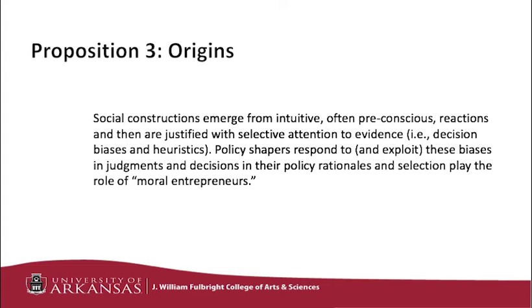Proposition 3 addresses the root cause of social constructions by considering why and how humans use them. The authors argue that social constructions emerge from intuitive, often preconscious reactions, and then are justified with selective attention to evidence. In other words, humans have distinct biases in how we make decisions, and because of this, we use simple heuristics to process information.